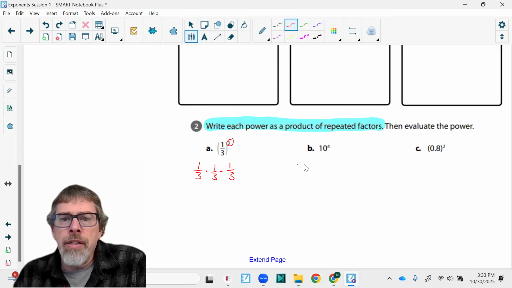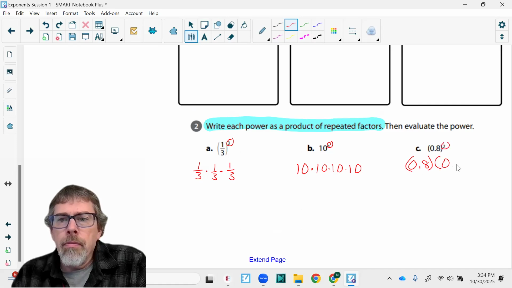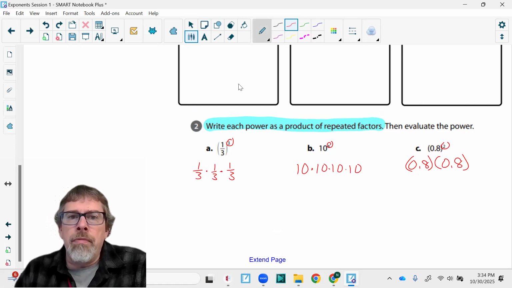My base over here is 10, and the exponent is 4. So it's 10 times 10 times 10 times 10. For C, it's 0.8 twice. Okay, so I just did that part.